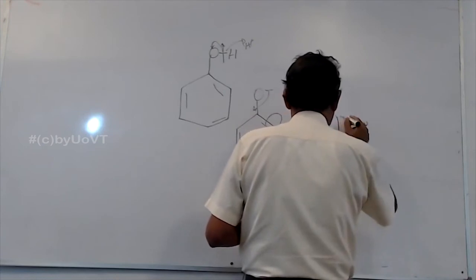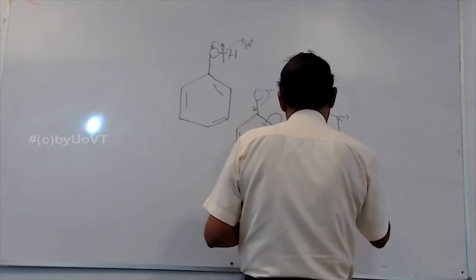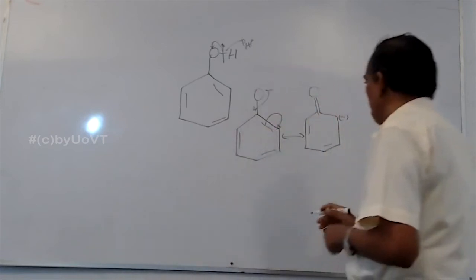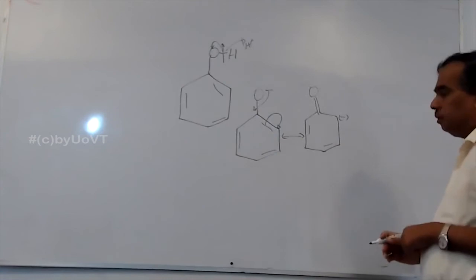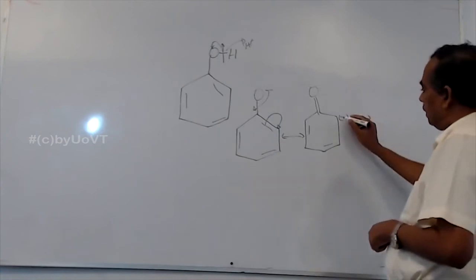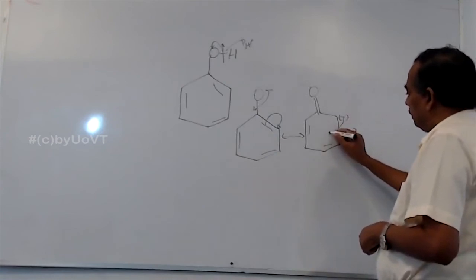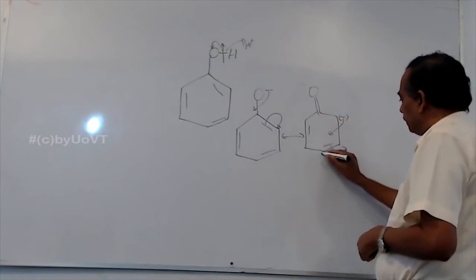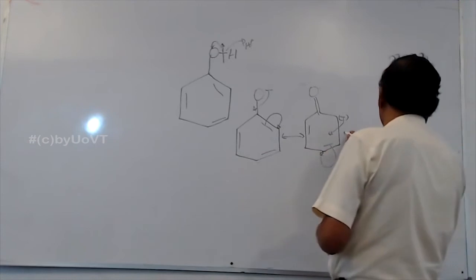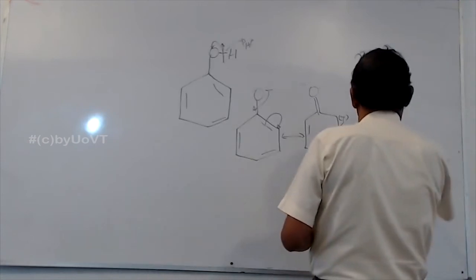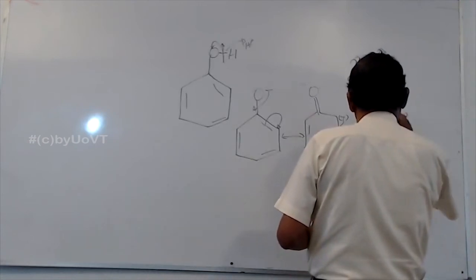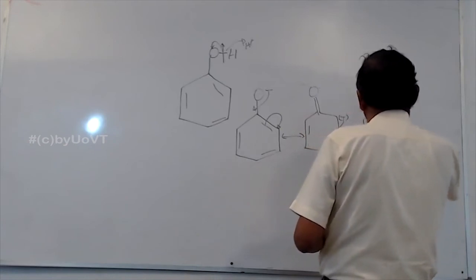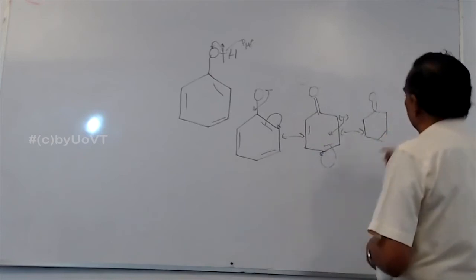Oxygen, electron density high here. Then what happened? This electron comes to this position, and this bond breaks. Next structure: a double bond, right?